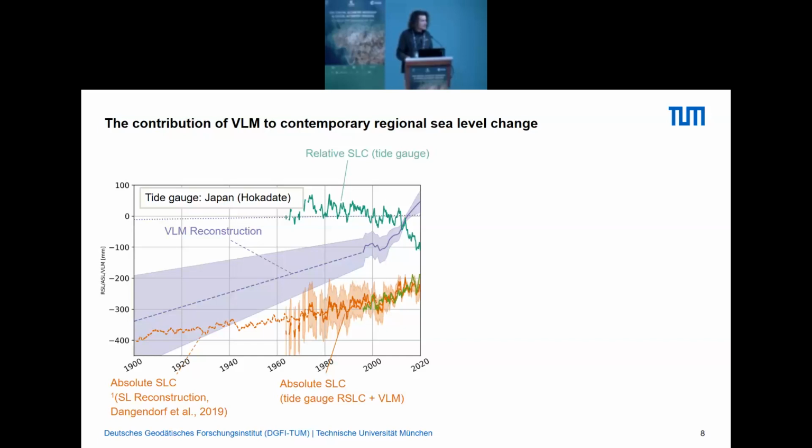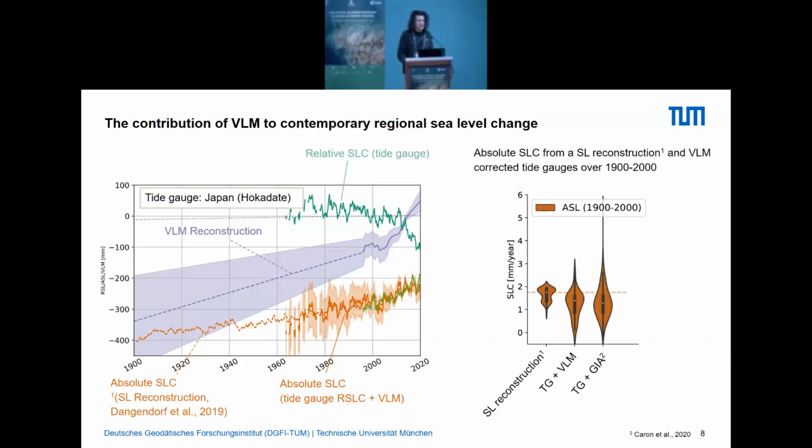But of course, I think there are a lot of discussions about how you do it, whether you estimate the vertical land motion indirectly in sea level reconstructions, or whether you constrain it, and it's still an unresolved problem. But depending on what vertical land motion estimate you apply to the tide gauges, you will end up with very different estimates, even in the global average of past sea level. So these are different absolute sea level change estimates over the last century, based on different vertical land motion estimates.